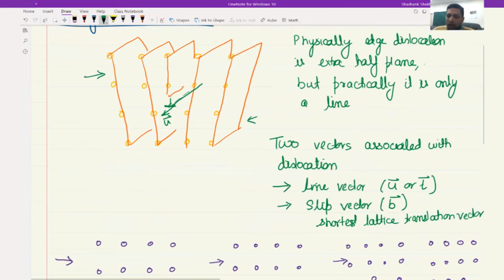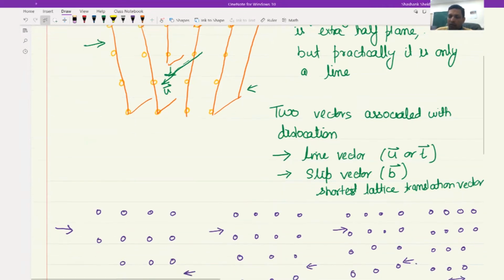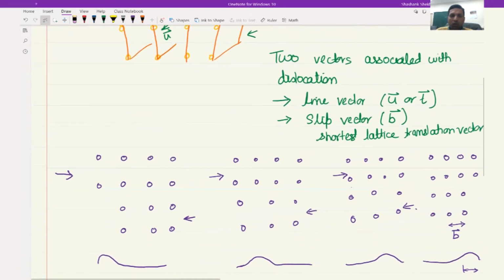So this is edge dislocation, and we see that it has associated with it two different vectors: the line vector, which is the tangent of the line, and the slip vector, which defines the direction along which this particular edge dislocation moves.